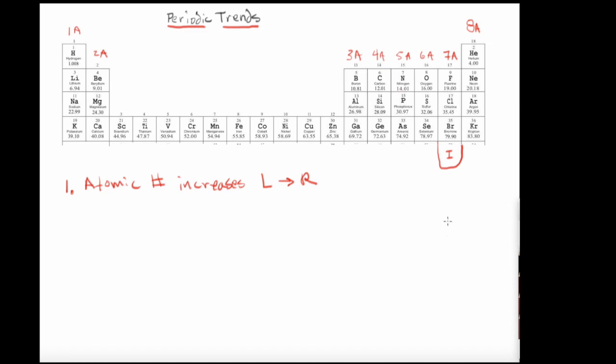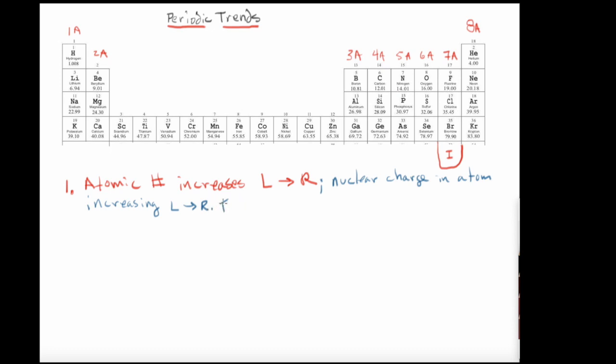Why does that matter? Some of you are going to look at this and just think, oh, well, this is something I can memorize or whatever. Well, why would you memorize something that is common sense? But beyond that, what does this mean? It means that the nuclear charge in the atom is increasing left to right. That's what it means.